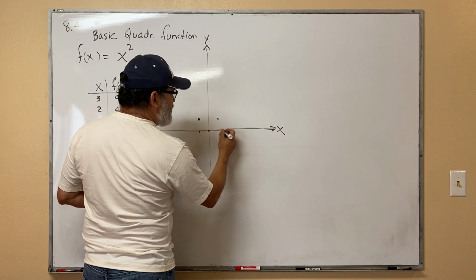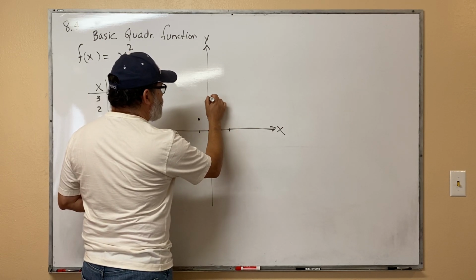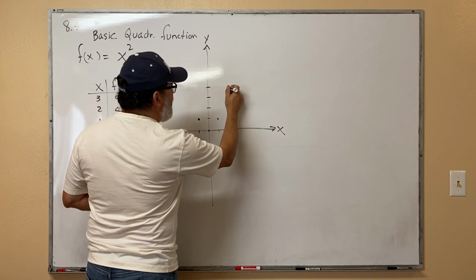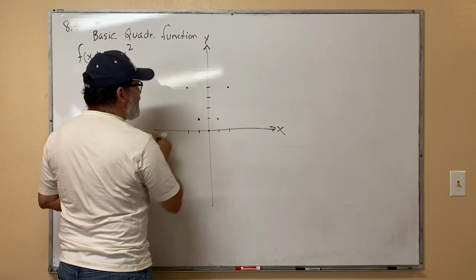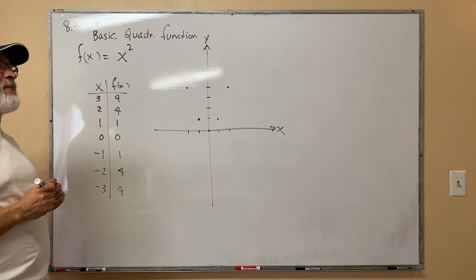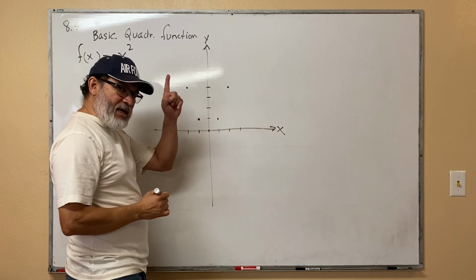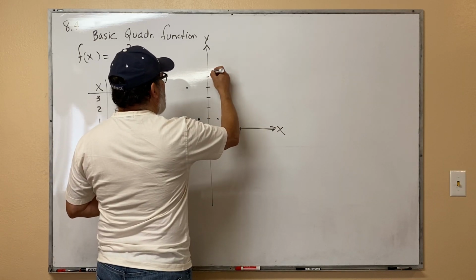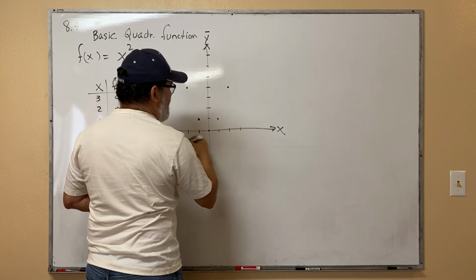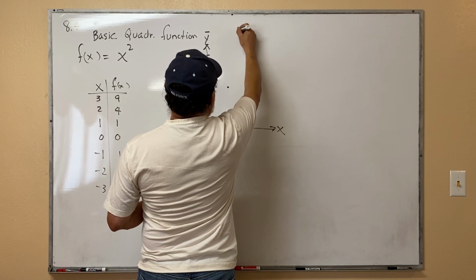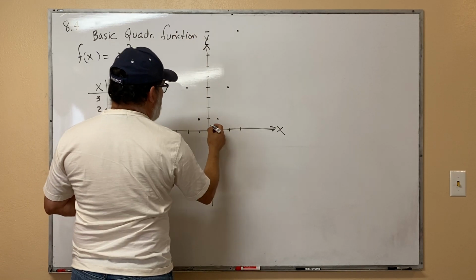From the vertex, 1, 2 to the right, how many up? 1, 2, 3, 4. 4 up. 2 to the left, 4 up. 3 to the right, how many up? 9. 5, 6, 7, 8, 9. 9 up. 3 to the left, 9 up.